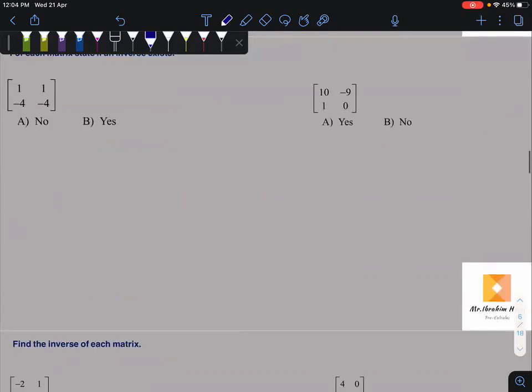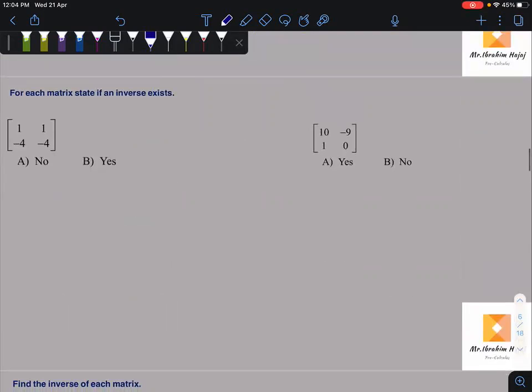Let's move on to the next idea, which is for each matrix, state if an inverse exists. So we have to what, guys? Use this formula, which is 1 over ad minus bc, and then we should flip the positions here and change the signs of the other elements.